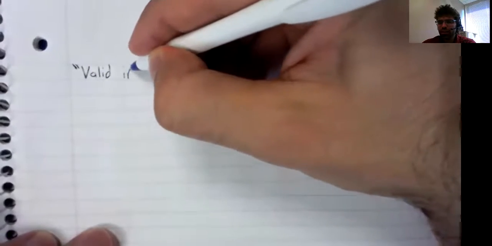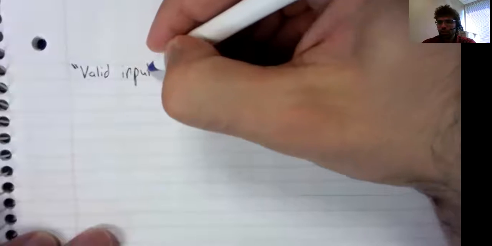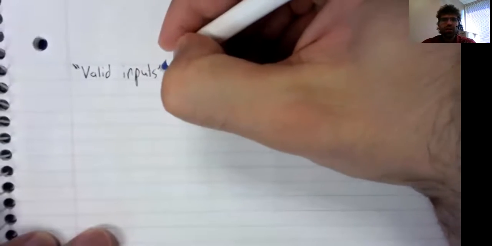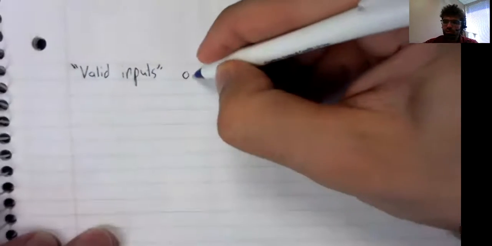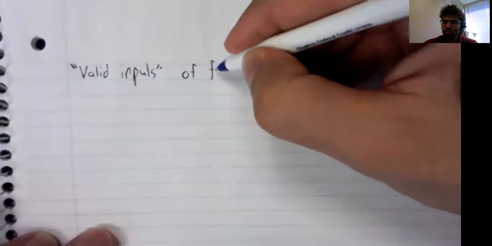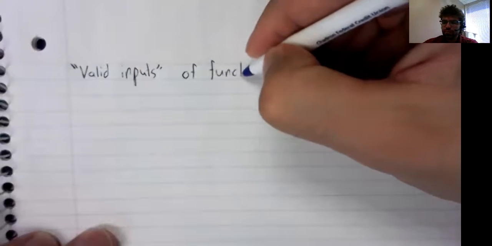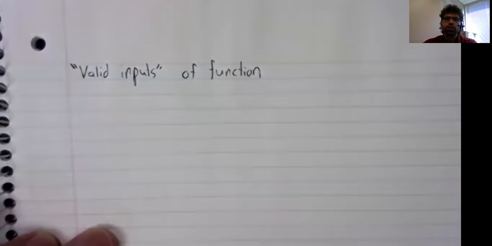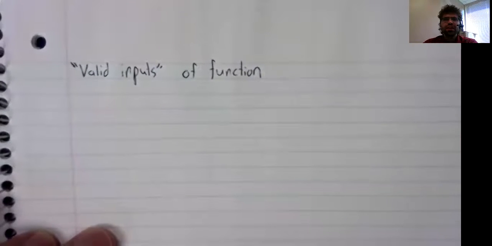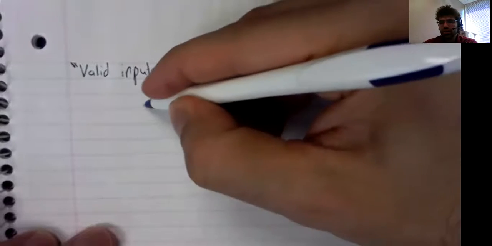We've defined the domain to be the valid inputs of a function. But what does that mean?